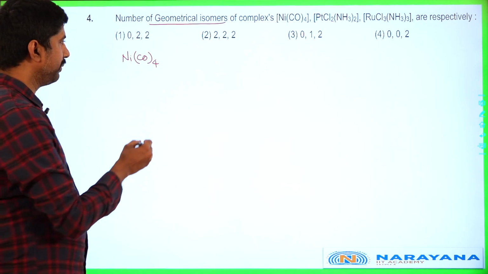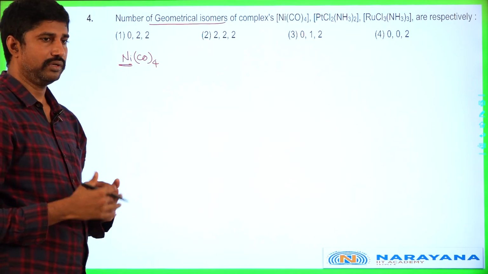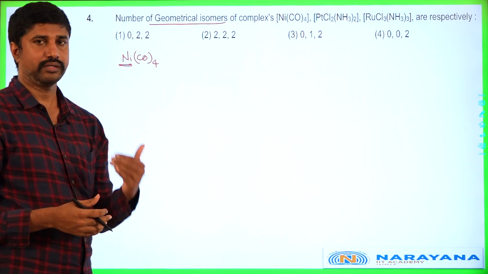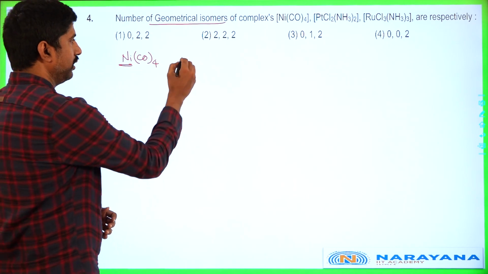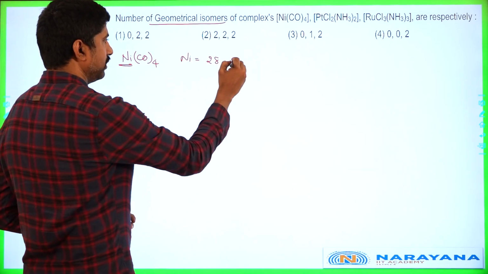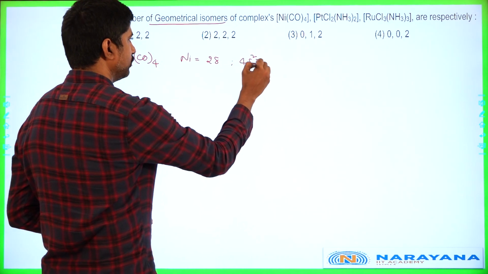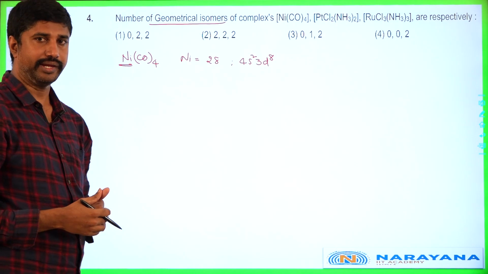Okay. So, coming to nickel tetracarbonyl, if you consider iron, cobalt, nickel, copper, zinc, nickel's atomic number is 28 and the configuration is 4s2 3d8.